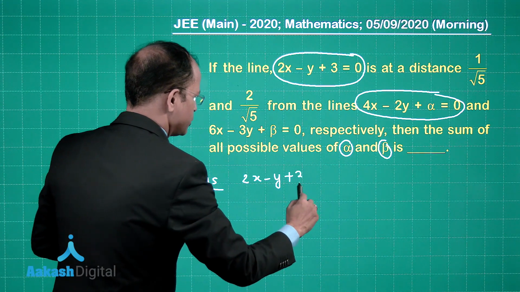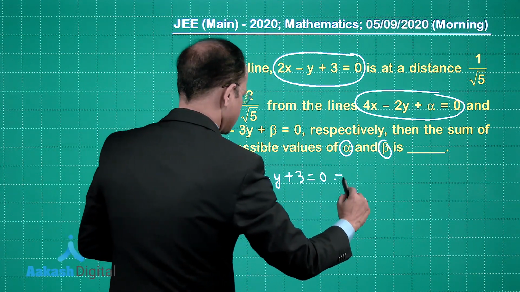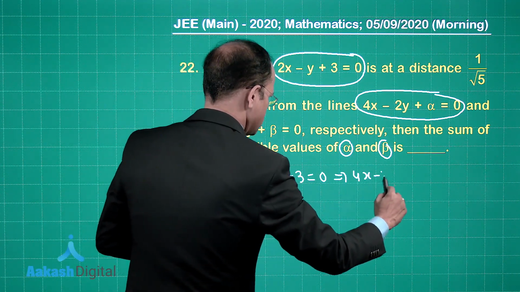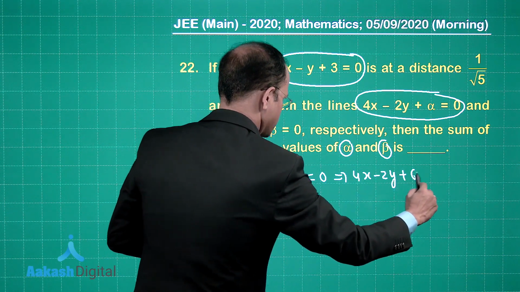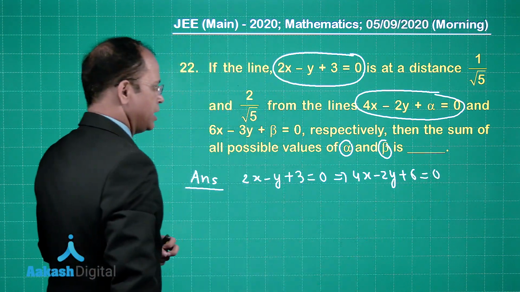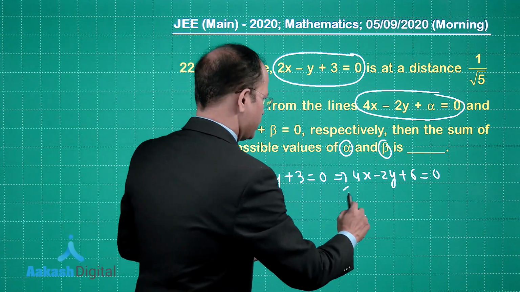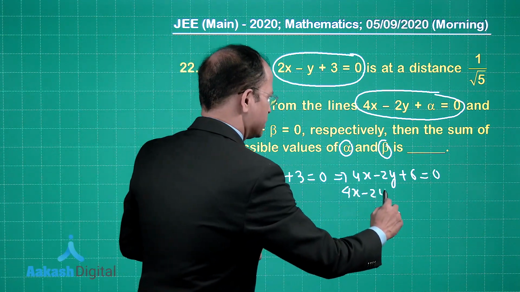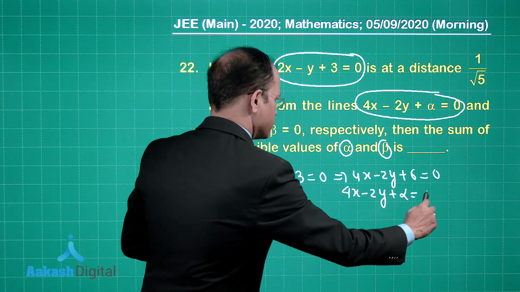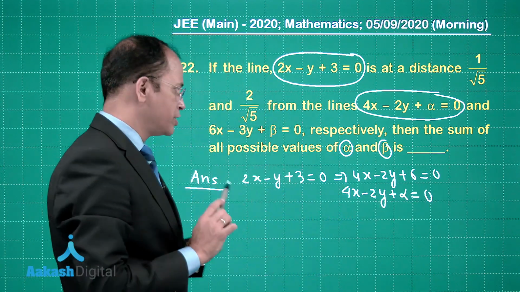2x minus y plus 3 is equal to 0, or we can write it as 4x minus 2y plus 6 is equal to 0. This is one. Then we have the next part, that is again we have 4x minus 2y plus alpha is equal to 0, right? These are the two equations we have.